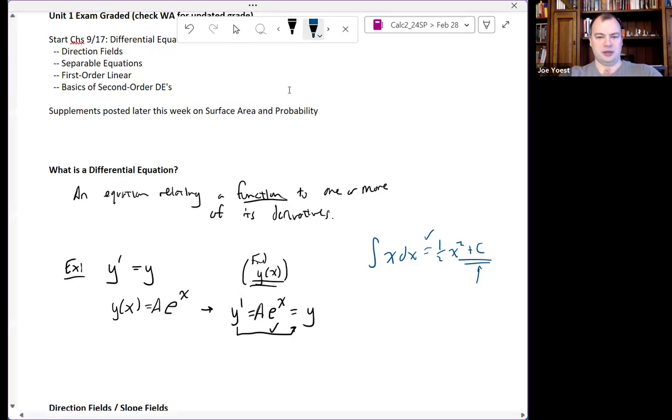I have the same thing here. I have what amounts to a constant of integration coming out of the general idea of undoing this derivative. That gives me a family of functions that are solutions to this differential equation.